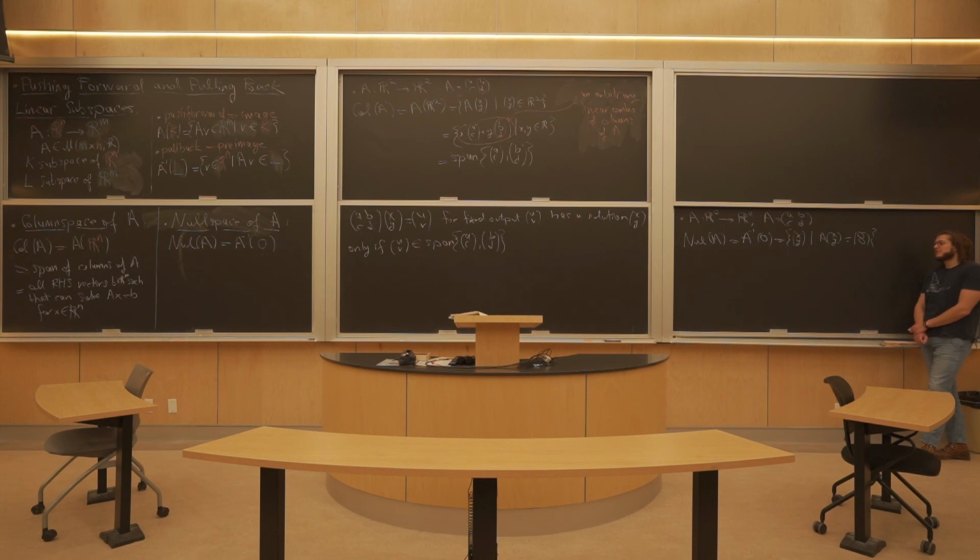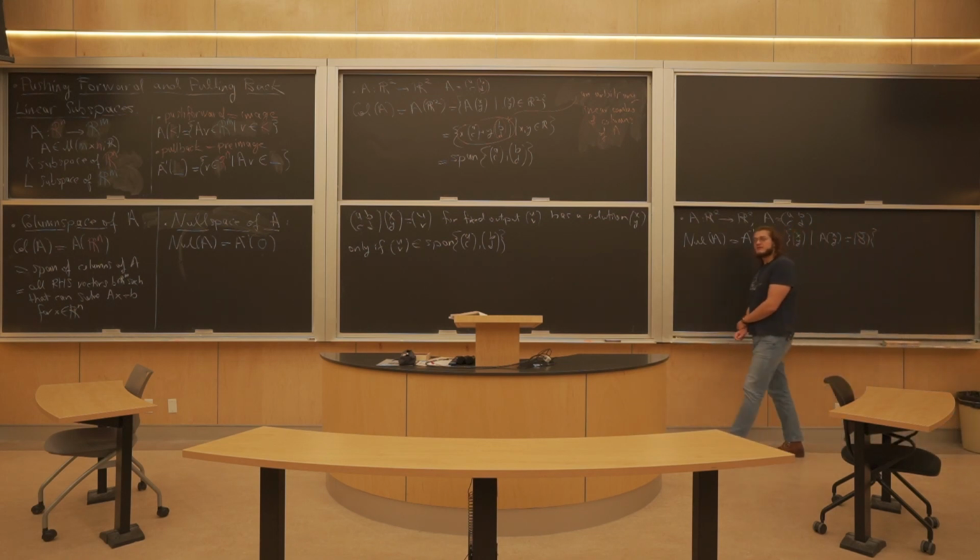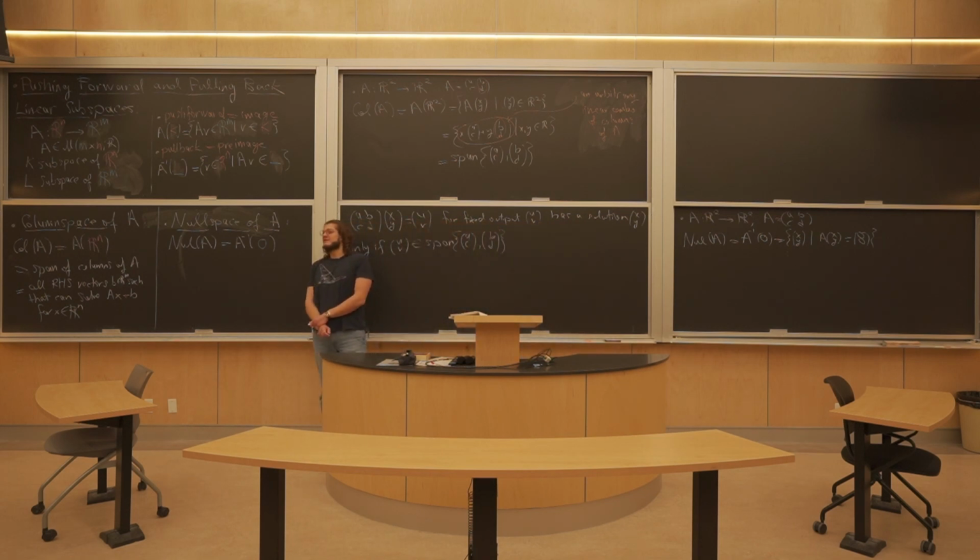What is the set of all vectors xy such that A of xy equals 0, 0? Those are like the trivial solutions or something close. You're getting close, yes.